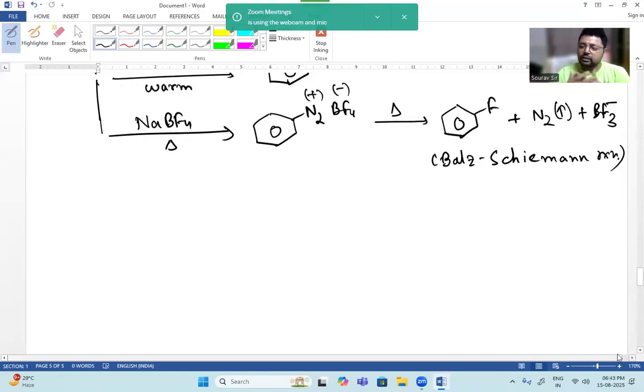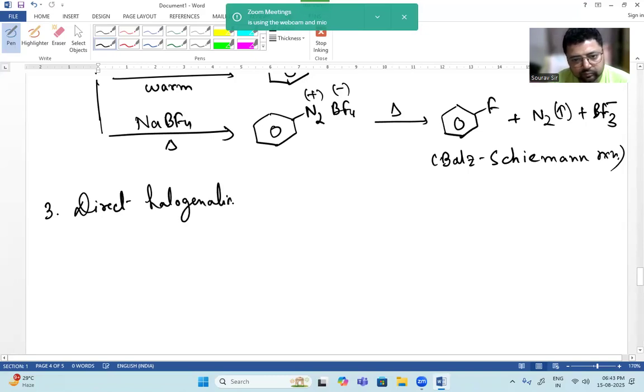So is there any other method to prepare this type of halobenzene? Yes, there is some other method as well. That is known as direct halogenation of benzene.